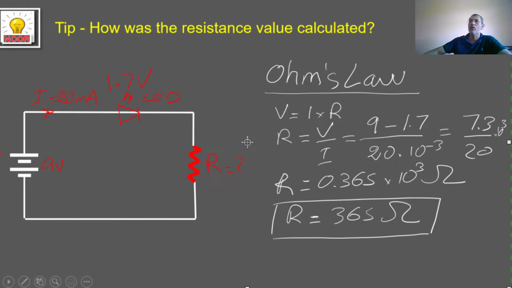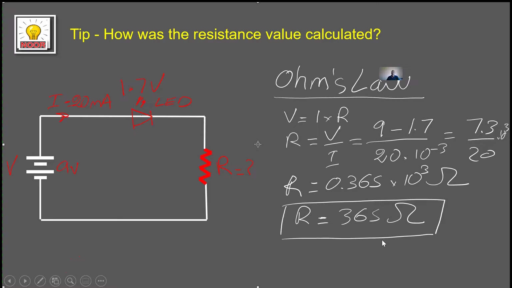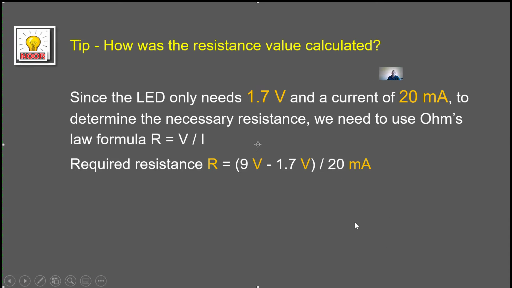So this is the value that was calculated and that we should be using in our project. This is how the 365 ohm was calculated.